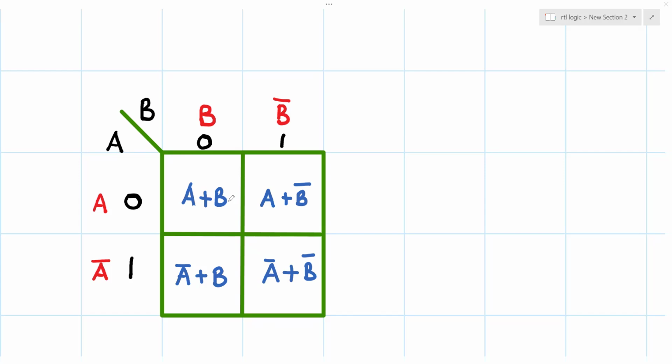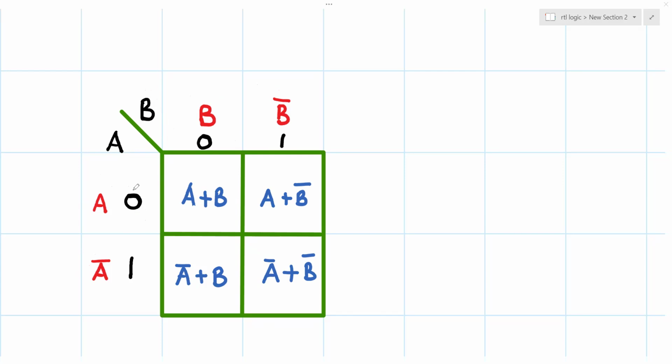So now, if we look at this graph carefully, we see that variable A has two forms, A and A bar. And variable B has two forms, B and B bar.